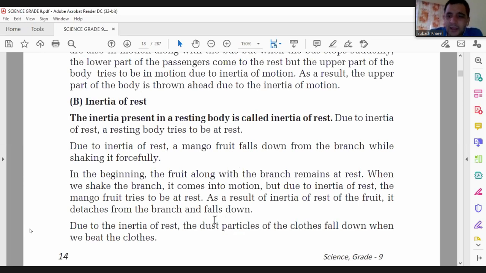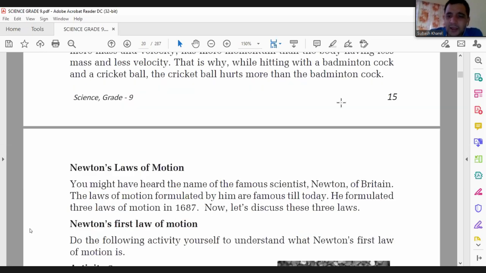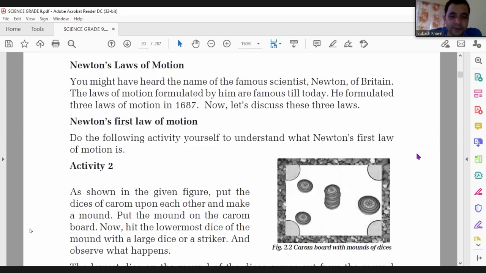Everybody continues to be in the state of rest or uniform motion unless an external force acts on it. A body at rest stays at rest, and a body in motion continues in motion. To change the state, what is needed?